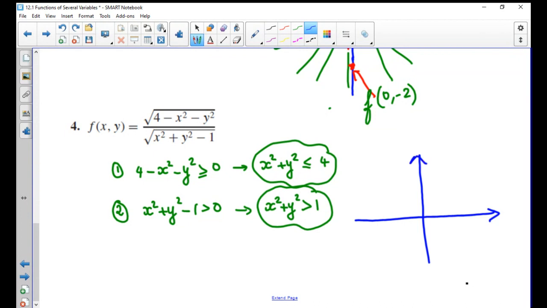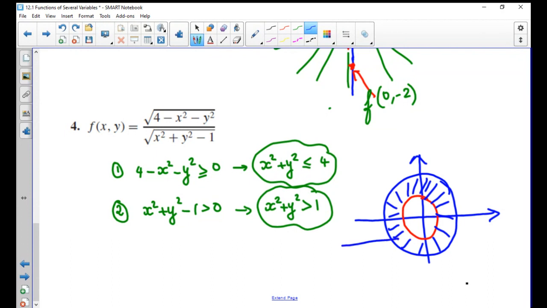So I will do something like this. It's basically between these two. This is the domain of our function. D is this region, like a donut, between these two circles.